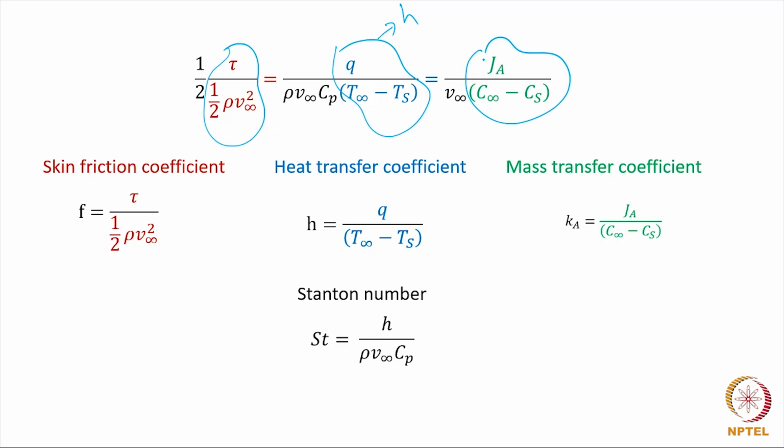Okay, so we have put all these quantities together. So what happens is that Reynolds analogy states that the first term gives us skin friction coefficient divided by 2, the second term gives us the Stanton number, and the third term gives us the mass transfer coefficient divided by V infinity.